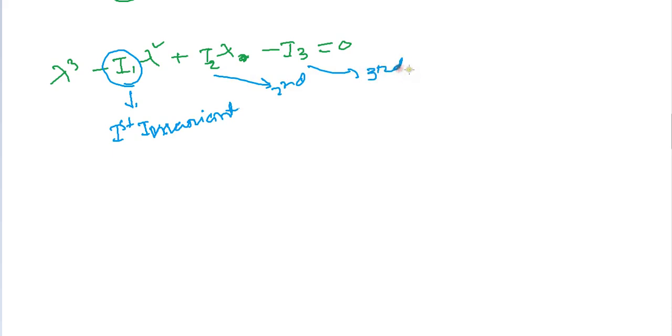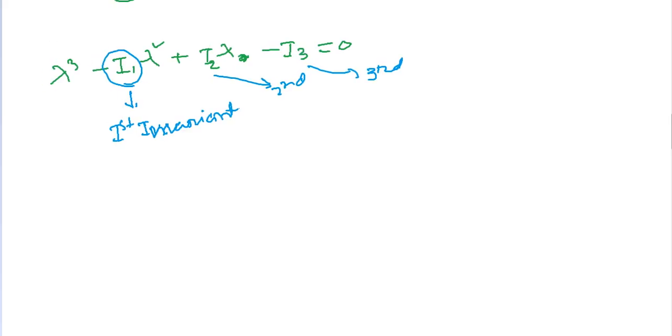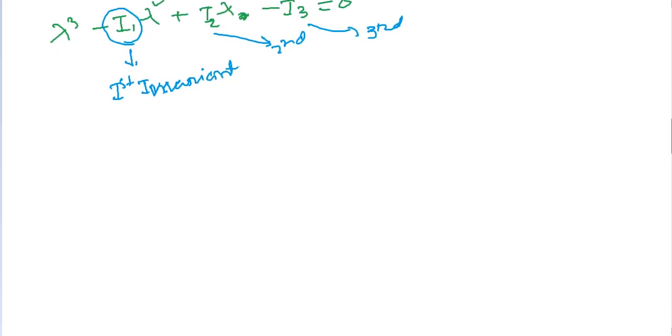So what are the values of that? I1 is sigma 1 1 plus sigma 2 2 plus sigma 3 3.